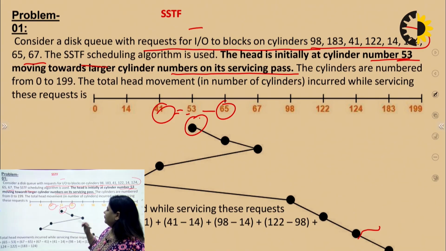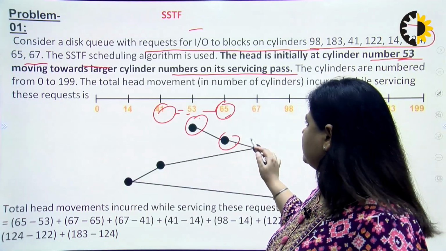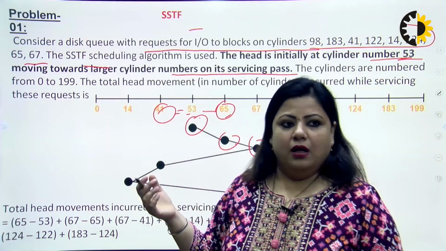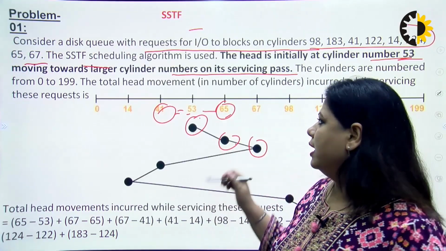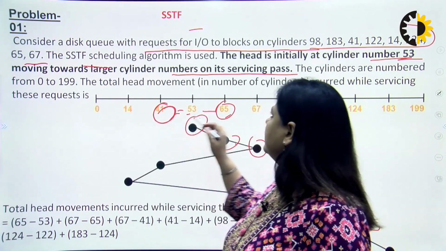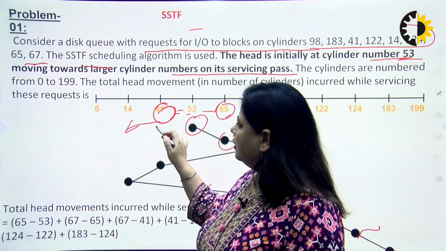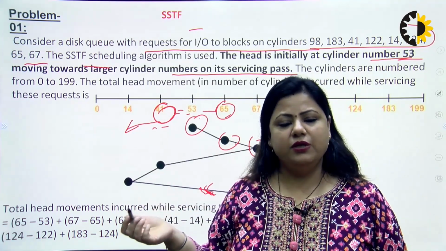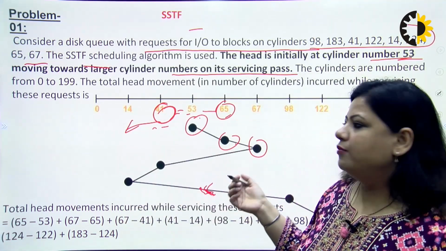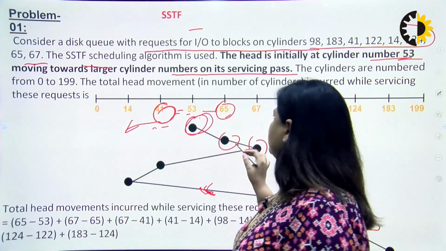Now if we consider after 65, there is another distance, 67, which is the shortest or closest to the current head position. And in place of 41, if we consider 41, it would be a larger distance in between. So we consider the head movement from 53 to 65.